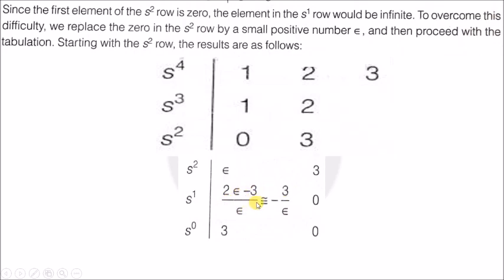This will be the value, and we can see this becomes 0. How? This into this term minus this into this term, there is no term actually, so this becomes 0. And finally, this into this minus this into this divided by this term, ultimately this remains only 3. Don't care about this equality.